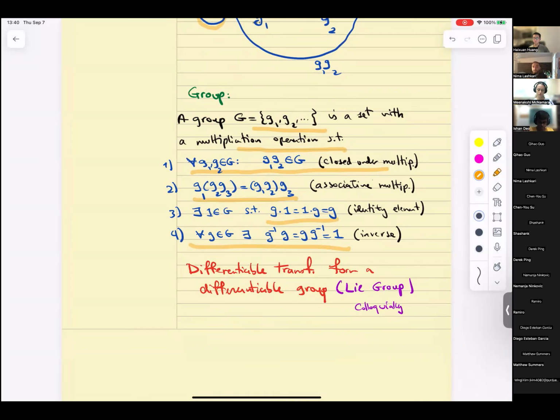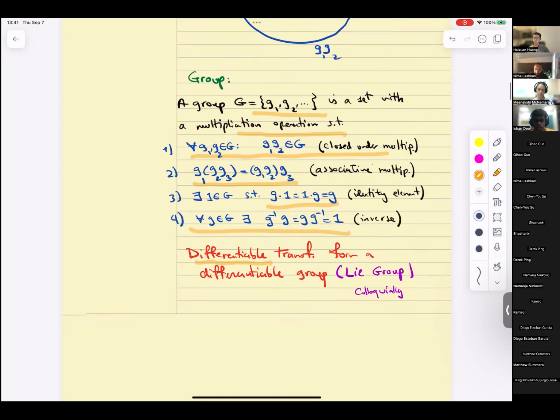This is what mathematicians call a group. So symmetry transformations do form a group. That's why we talk about groups in physics, right? Now, in our discussion of Noether's theorem, we used differentiable transformations, right? And that was important because I kept saying the words infinitesimal transformation.